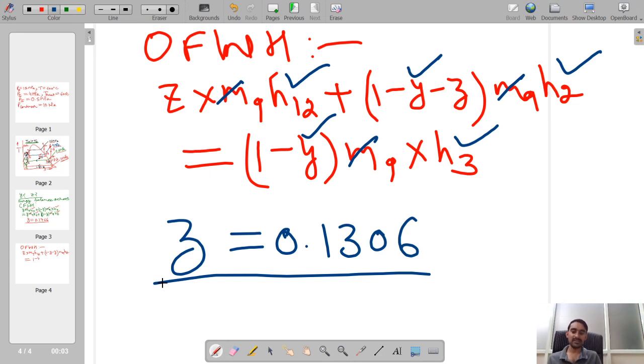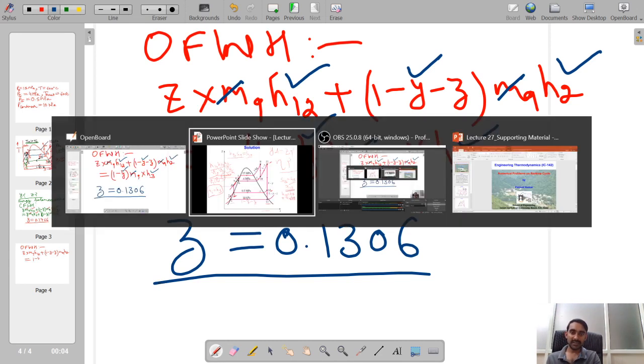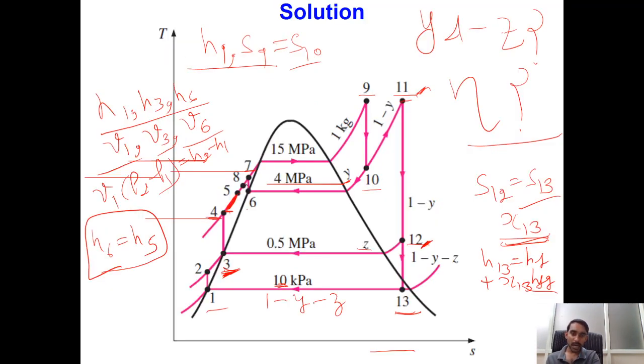So finding efficiency is very simple now, because for finding efficiency we want the net work output and the amount of heat supplied. So what is the amount of heat supplied? Inside the boiler which state is entering? Nothing but state number 8, and exit state is state number 9.